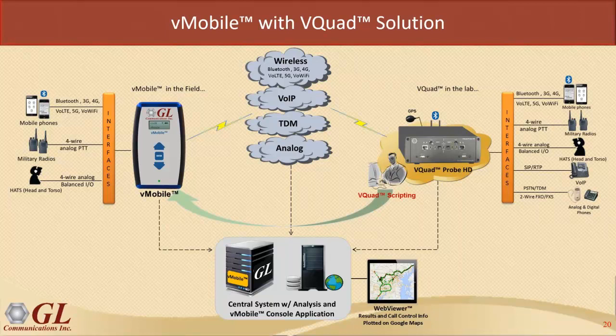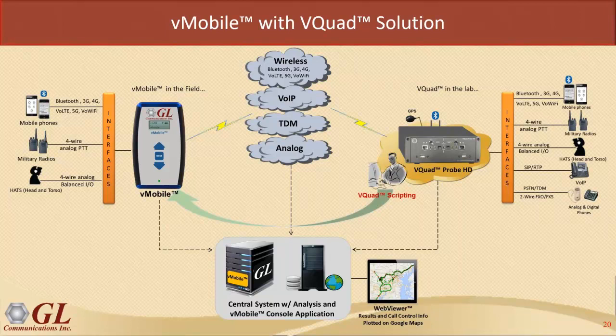So again, vMobile works with VQuad without any issues, and one script can control the other script, so we can still send commands from the vMobile over to the VQuad or from the VQuad over to the vMobile. All that's available. And again, both the vMobile and the VQuad send all their results, all their events, down to a central system into a database where we can access it.